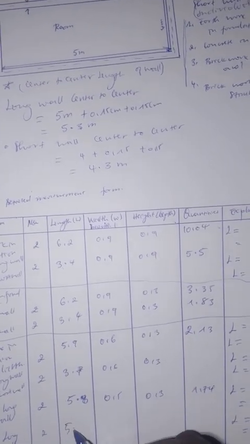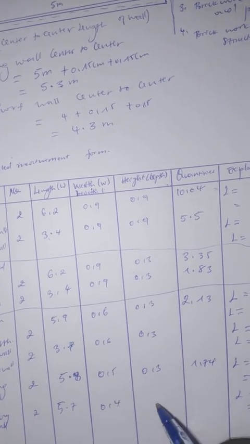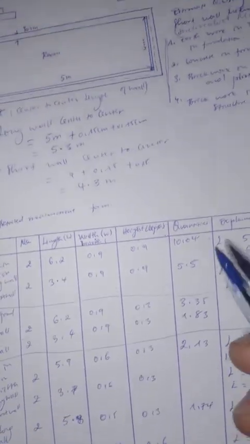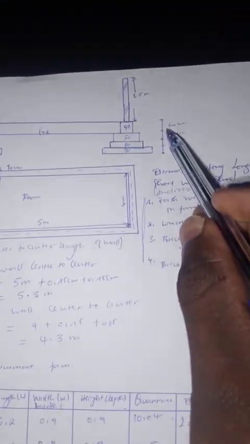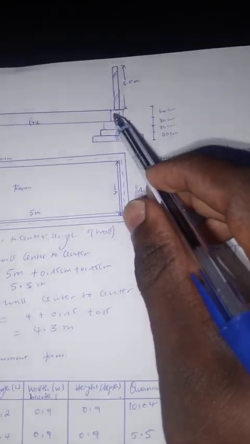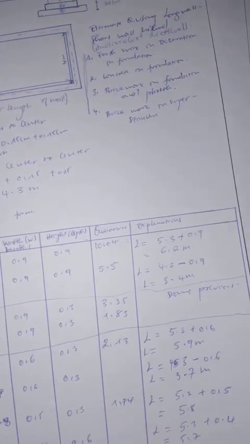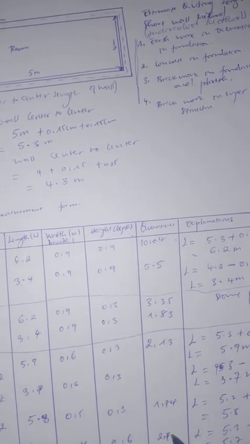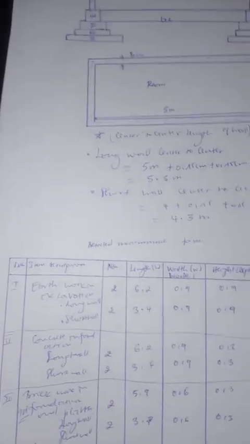Here we have 5.7, multiply with 0.4, with the height of 0.6 from here up to here. In this third class, we get 2.74 cubic meter.